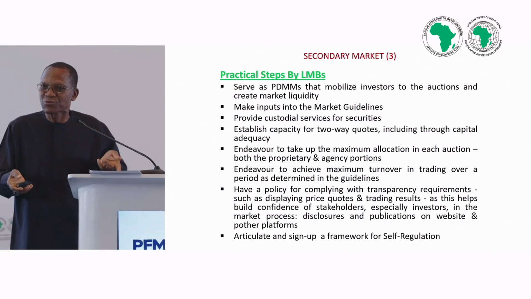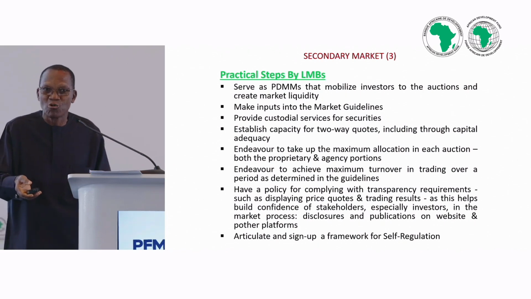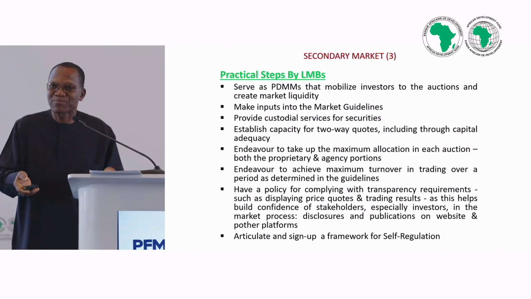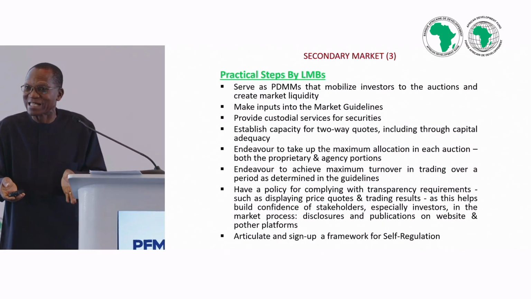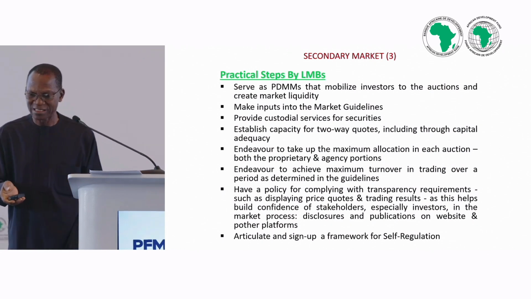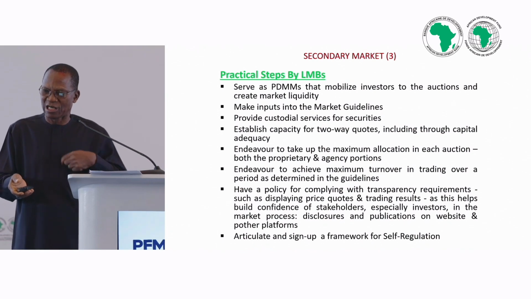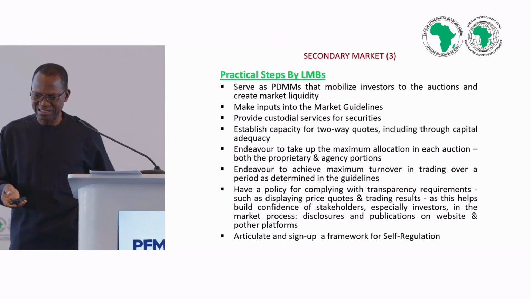Because in the assessment at the end of the period, after a 1 year or 2 year period, in deciding who continues or who doesn't continue, that's part of the criteria for deciding whether you are really performing or not performing. So you should endeavor to take up the maximum allocation on each auction that is assigned to you.